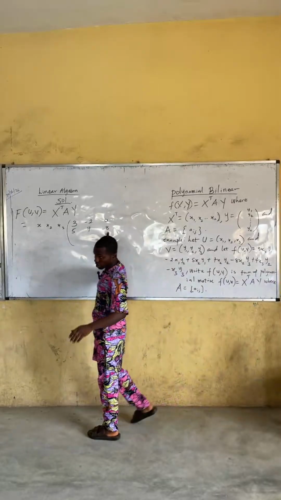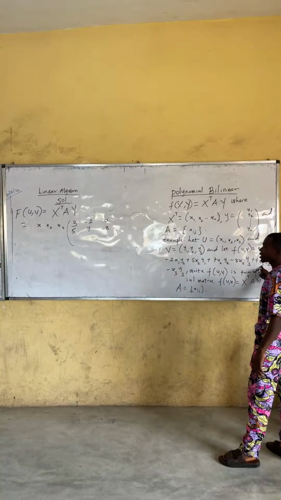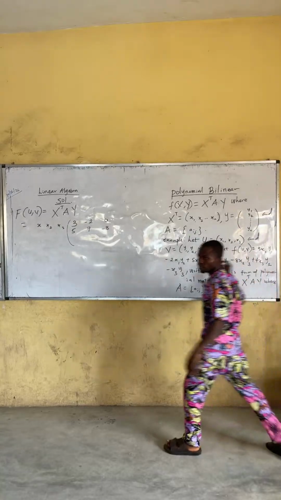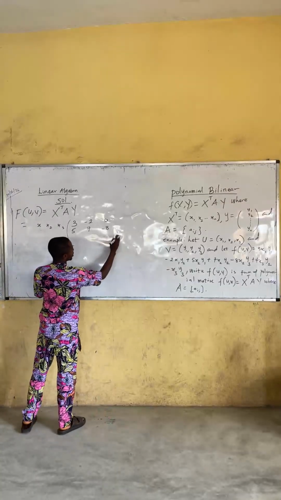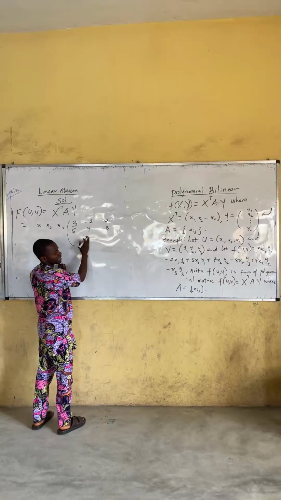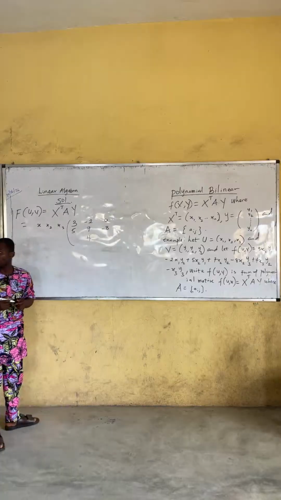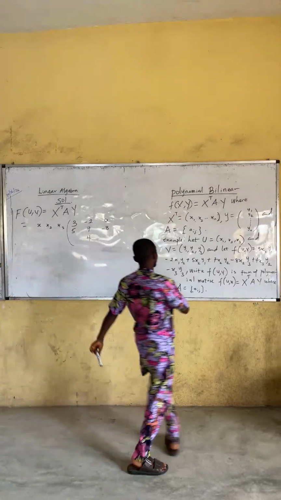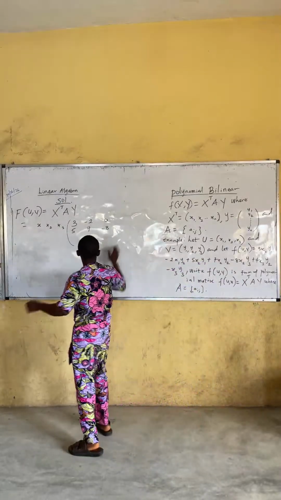Minus 8. Then 4x3, y2, that is third row, second column. What is there? 4, you got the 4 here. And the last one is minus x3, y3, that is third row.